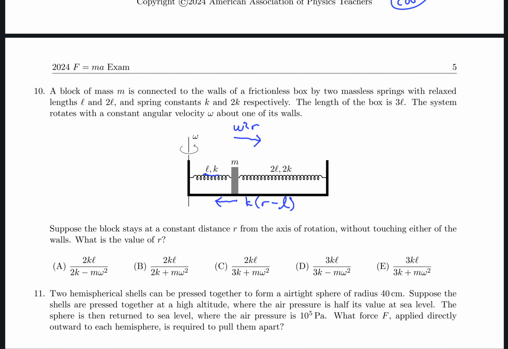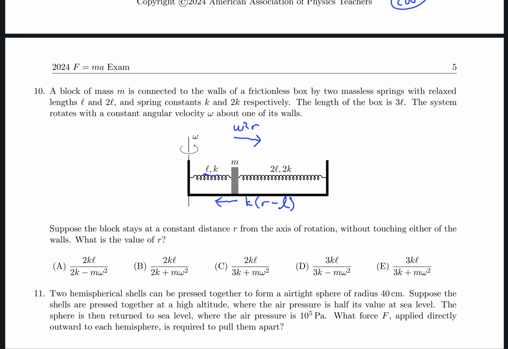Now I'll just set them equal to each other. Oh, and the fictitious force also has to be multiplied by mass. So m omega squared r equals 3k times (r minus L).